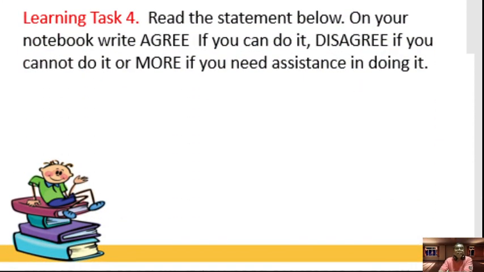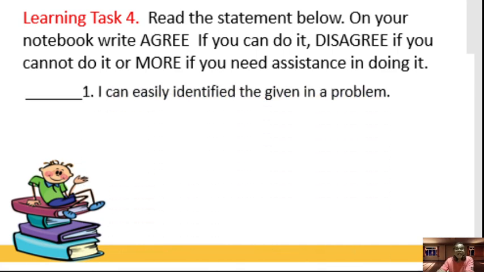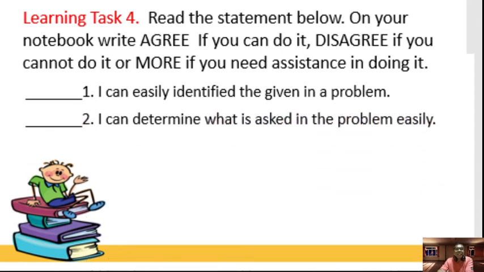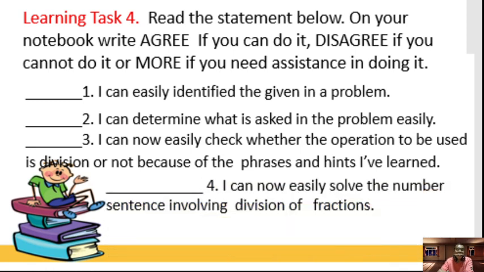And for your last task, you will write agree, disagree, or more, meaning need assistance. 1. I can easily identify the given in a problem. 2. I can determine what is asked in the problem easily. 3. I can now easily check whether the operation to be used is division or not because of the phrases and hints I've learned. 4.